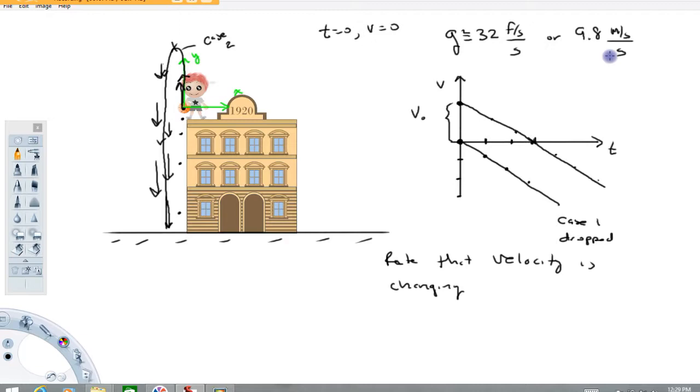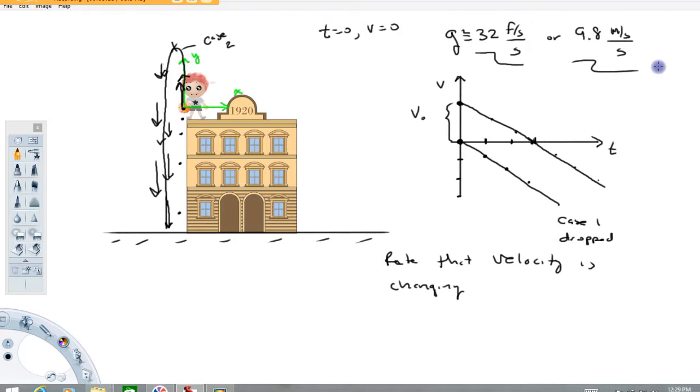Most objects at the surface of the Earth, and when I say most, I mean any object that's relatively large compared to its surface area, like a rock or a bowling ball or things of this nature, if you drop them or you throw them in the air, or if you throw them downward for that matter, they will experience an acceleration approximately equal to 32 feet per second squared, or about 9.8 meters per second squared.